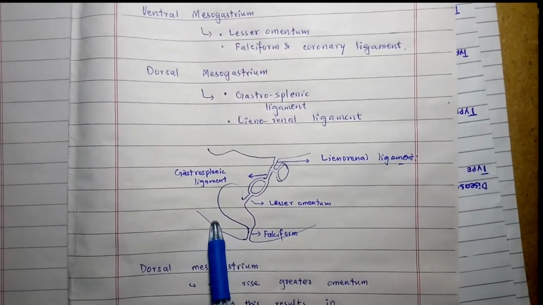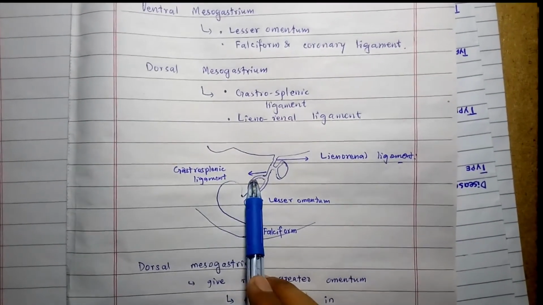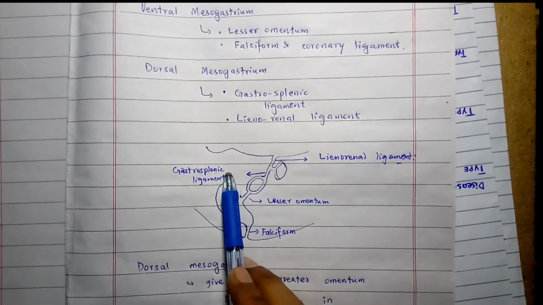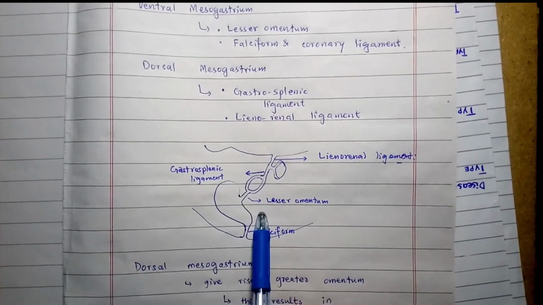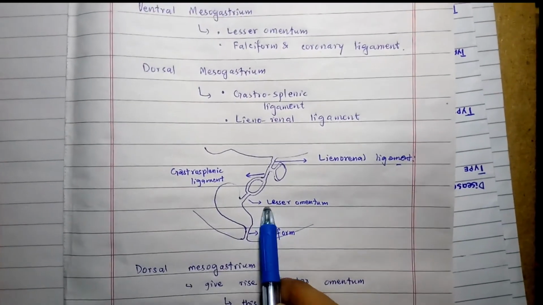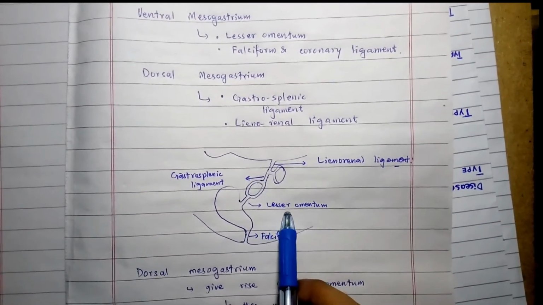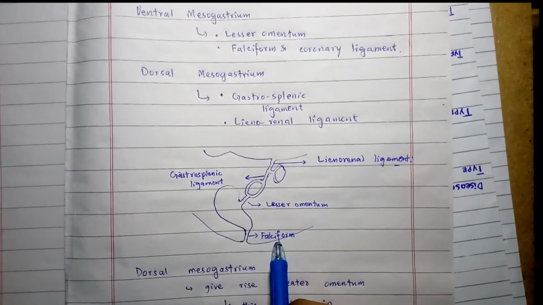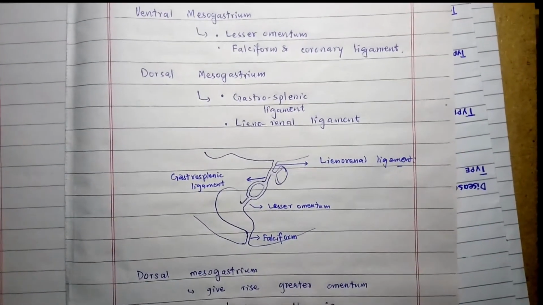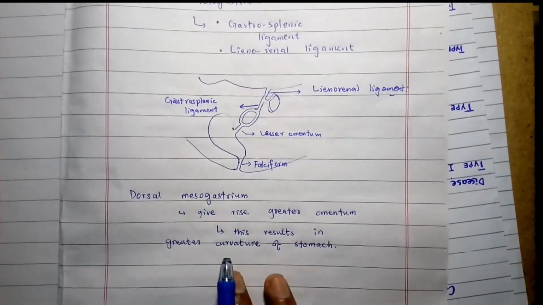Here is the diagram: the gastrosplenic ligament, which is derived from the dorsal mesogastrium, along with the lienorenal ligament, and the ventral mesogastrium divisions, the lesser omentum and the falciform and coronary ligaments.